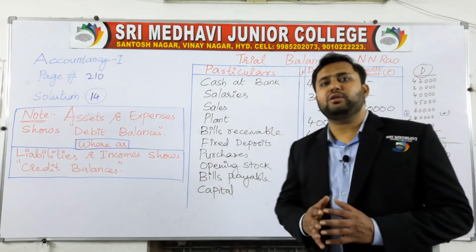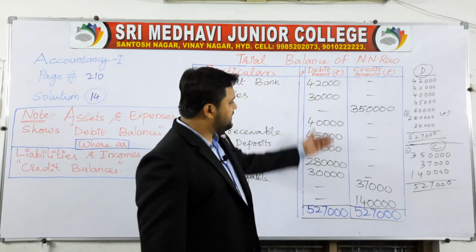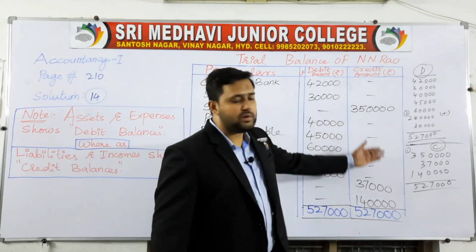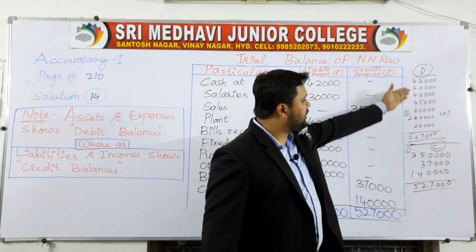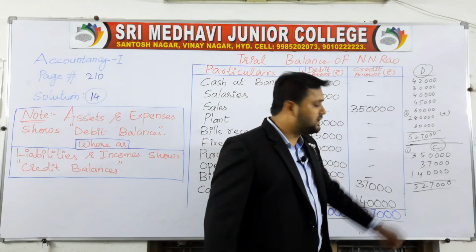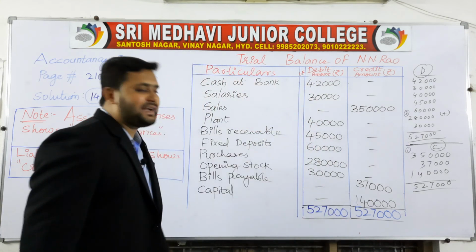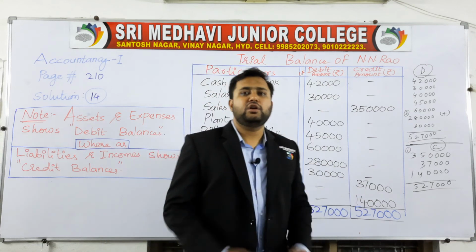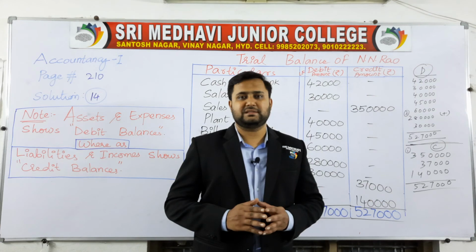After writing all the assets, liabilities, incomes and expenses, add all the amounts of debit and all the amounts of credit. Here we have done it in the working notes. The debit total is 5,27,000 and the credit total is 5,27,000. Look at the agreed trial balance of N and Rao. If the debit and credit totals are the same, then your trial balance is correct. Thank you.